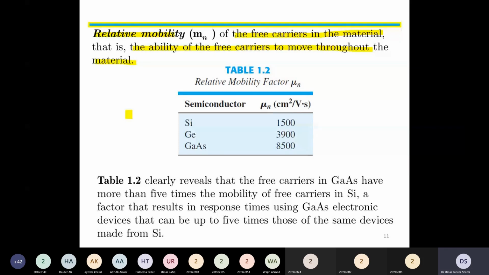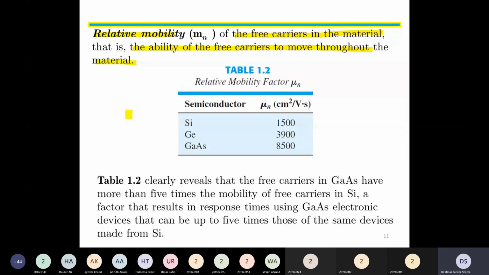This is called relative mobility, and the unit is centimeter square per volt second. In silicon the relative mobility is 1500, in germanium it is 3900, and in gallium arsenide it is 8500.